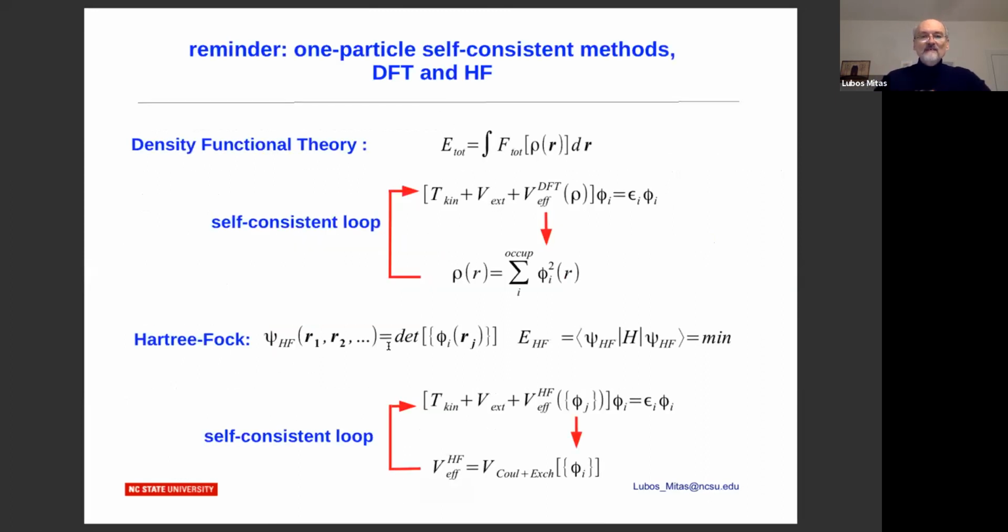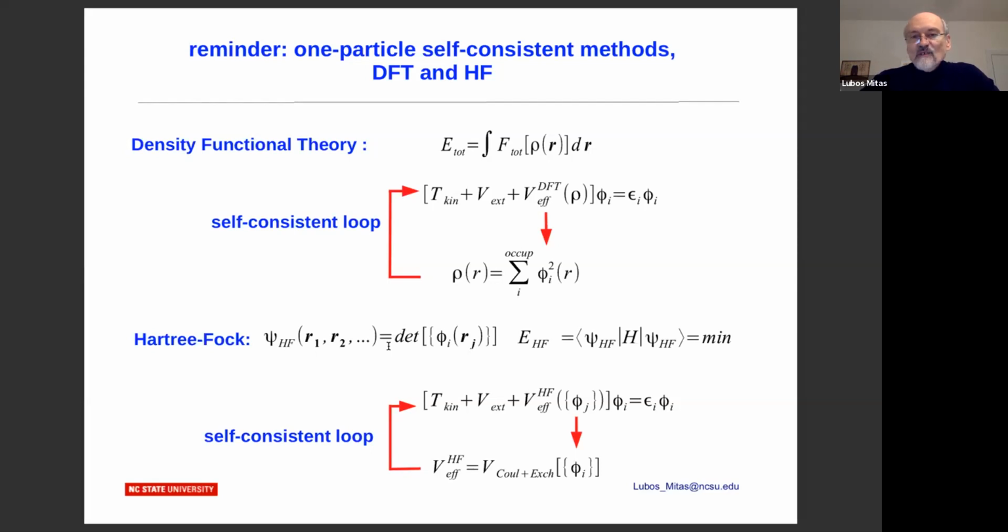Okay, so let's first remind ourselves, I'm sure that you know this, density functional theory, which is a one particle self-consistent method where you simply get the total energy as a function of the density, and the density you build from one particle eigenstates.